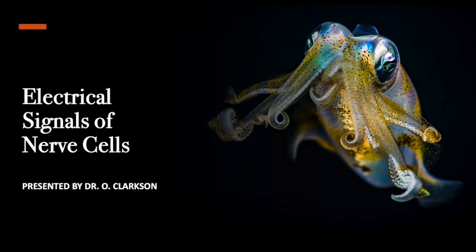Now, for a squid neuron, the resting membrane potential is pretty similar to a human's resting membrane potential. It's going to be about negative 65 millivolts. For a human cell, depending on what cell it is, it's about negative 70-ish. And it's really close to the electrochemical gradient of potassium specifically.